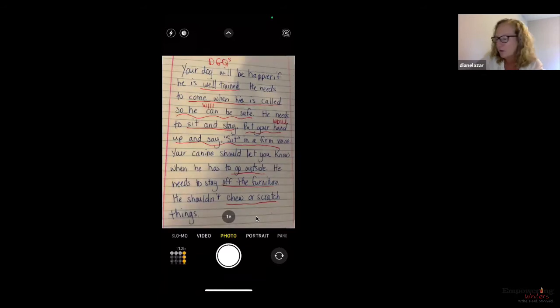But then the rest of it goes on and it's just simply stated. So even though each of these details is in a separate sentence, the student has not elaborated on them. And as a matter of fact, if we come back to this one, he needs to come when he is called, we can go beyond just the word he has to come when he's called.